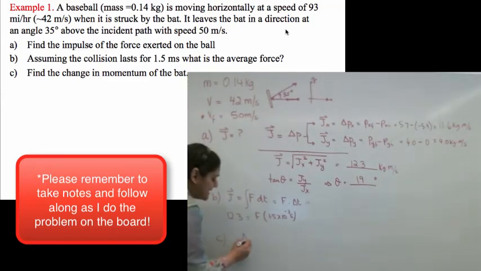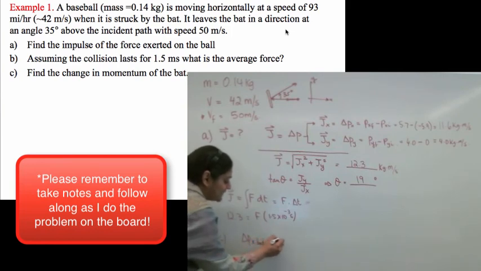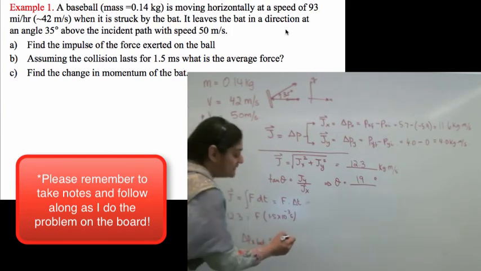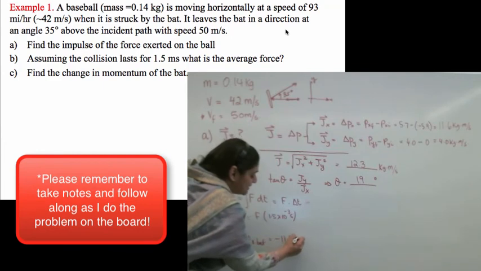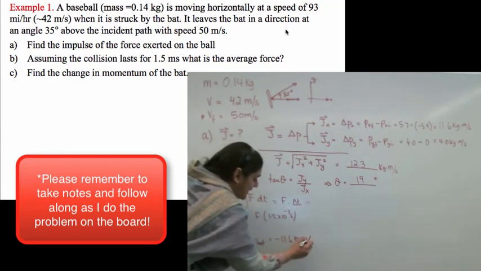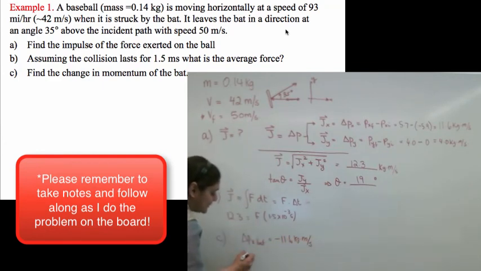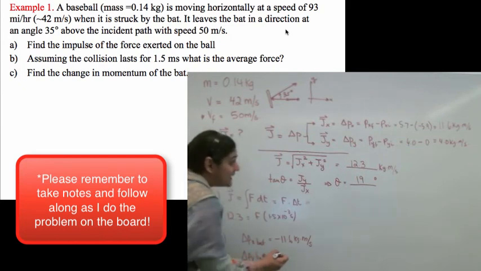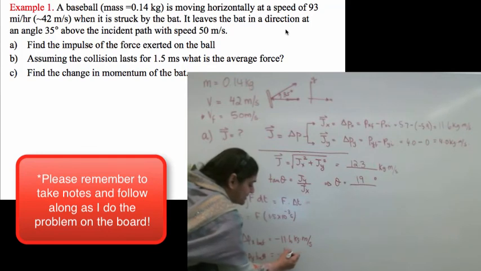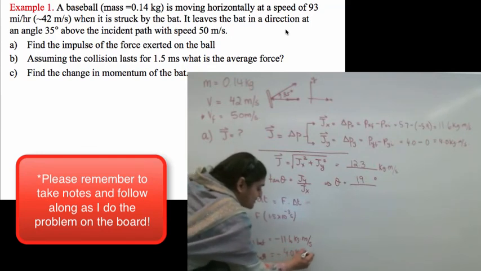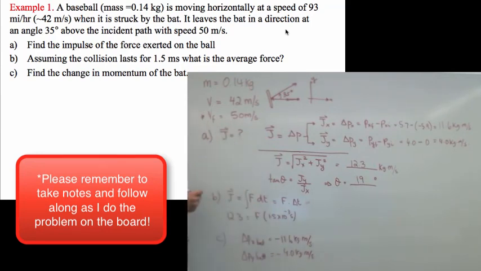So delta px for the bat will now be equal to minus 11.6, I believe that's true, kilograms meters per second. And delta py of the bat will just simply be minus 4.0 kilograms meters per second. See? You can't really get rid of Newton's laws when you're talking about mechanics.